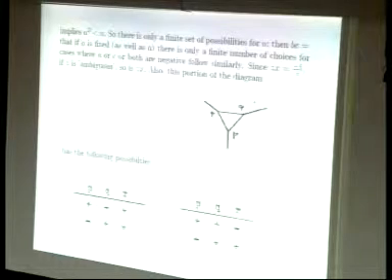And in that case, we prove that there are only a finite number of such ambiguous numbers.